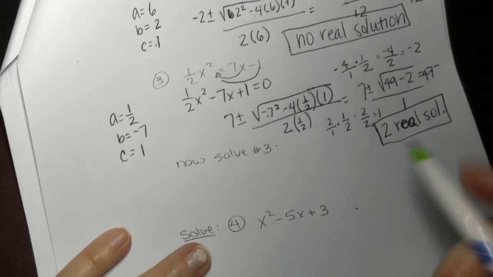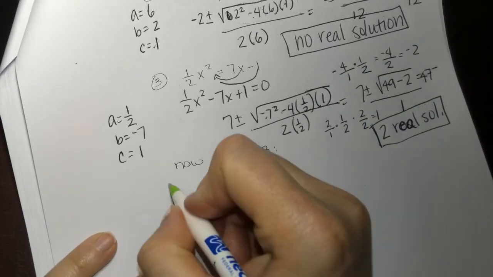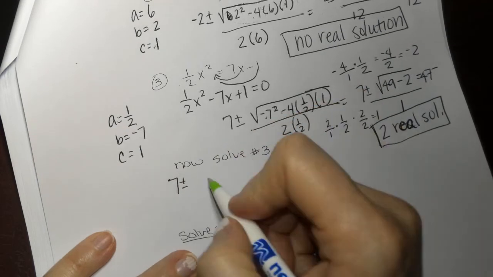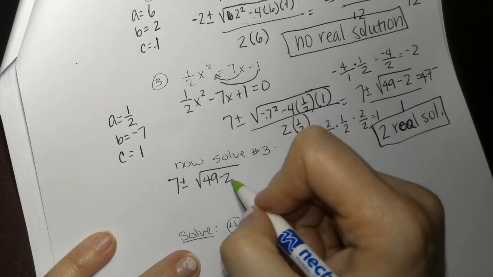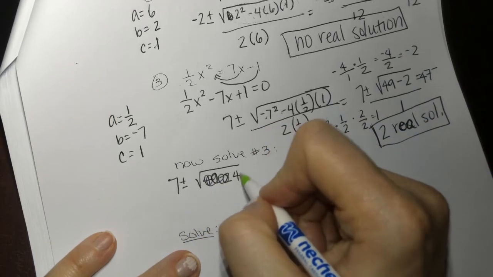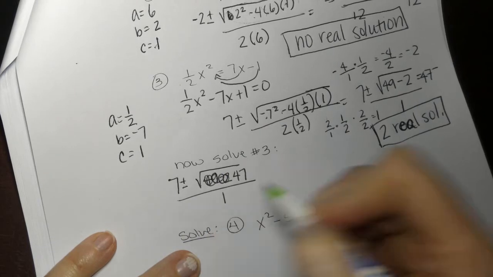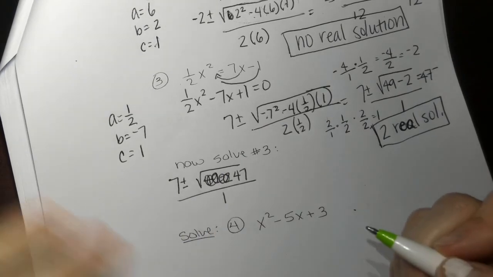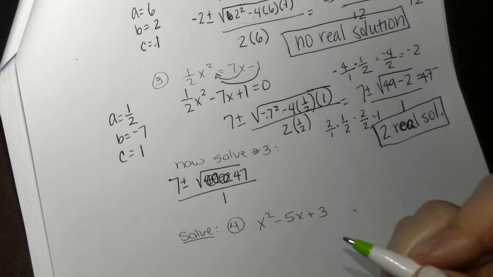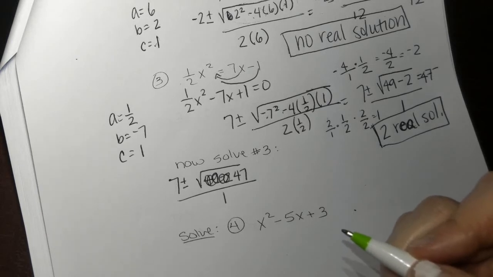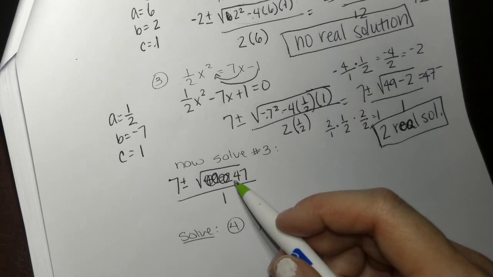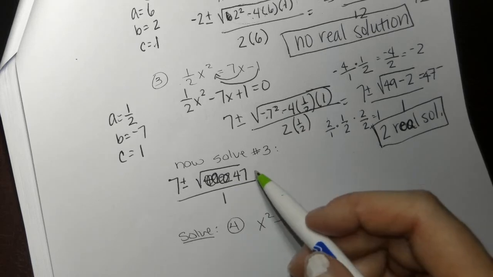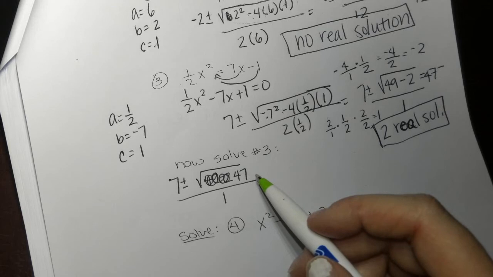Okay. Now solve number 3. So we were at this step, 7 plus or minus square root of 49 minus 2. Oh, I'm sorry. Square root of 47, all over 1. So to get this, you're going to need to put this in your calculator. Square root of 47 plus 7 divided by 1.